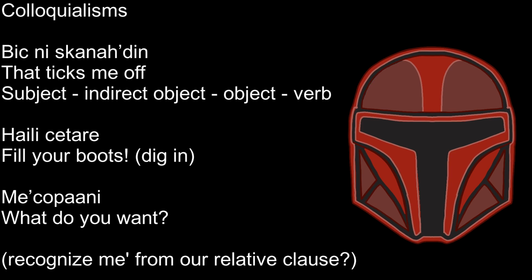But then they might also not even bother using interrogative or imperative prefixes, like in haili setare or mekopani, which mean fill your boots or what do you want, respectively. Keep in mind that these are exceptions to the rules. When you're trying to learn, follow the rules, more or less, and you'll grasp a better understanding of why colloquial phrases break them in the first place.